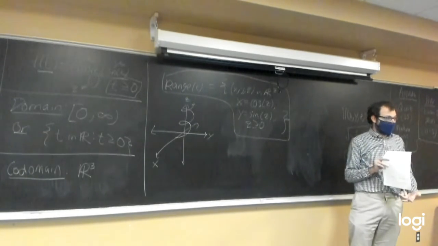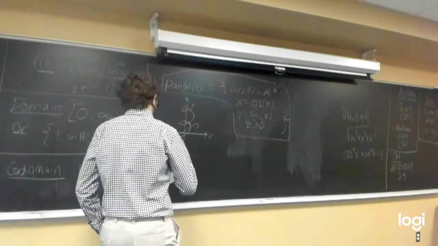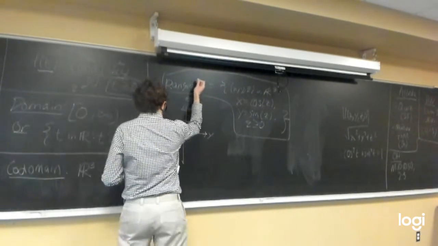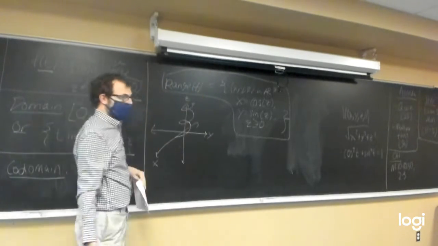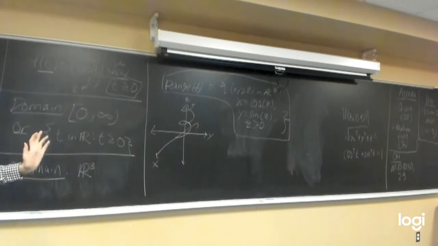It doesn't include as many vectors. Going through and actually finding the range means restricting yourself all the way that's necessary so that you only get the vectors or points that are actually being graphed out here.